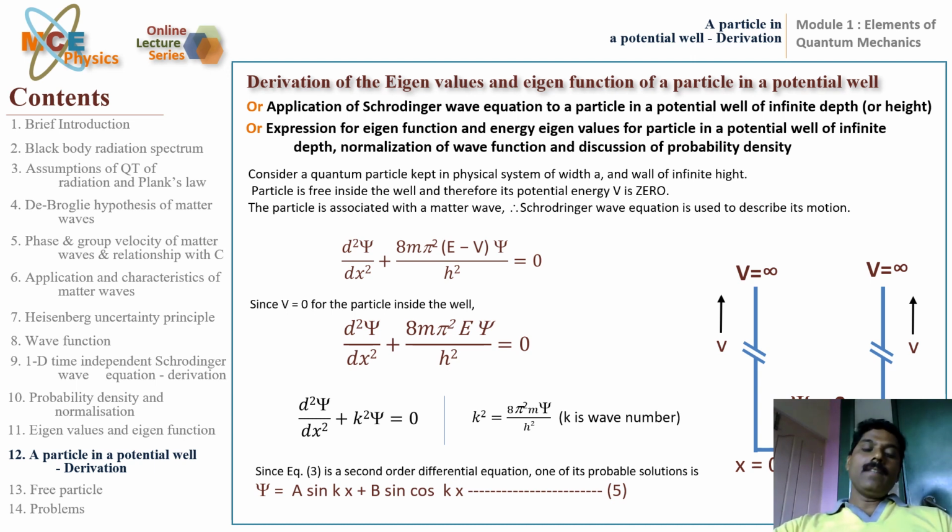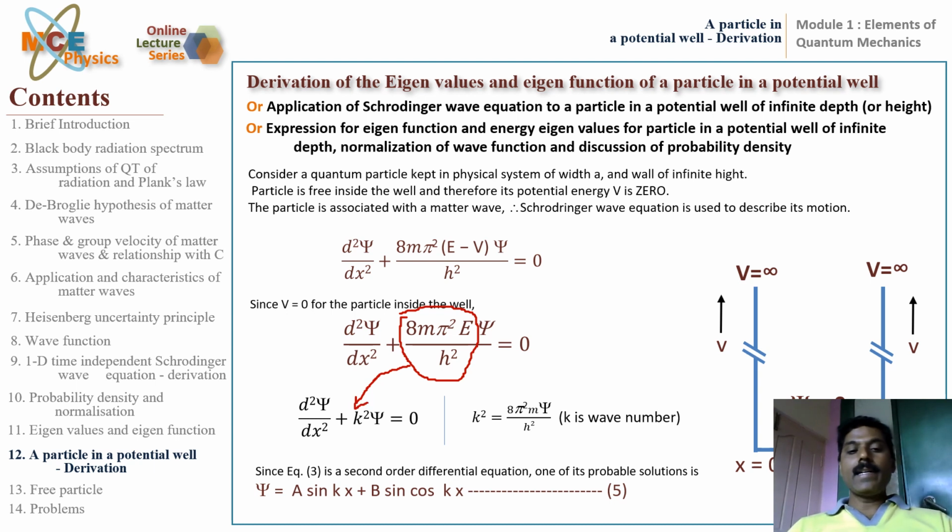For that reason, in this equation, V is omitted and 8 pi square me psi by h square is remained. And by comparing this equation with the classical equations, this 8 pi square me by h square is replaced with the symbol k square, where k is the wave number.